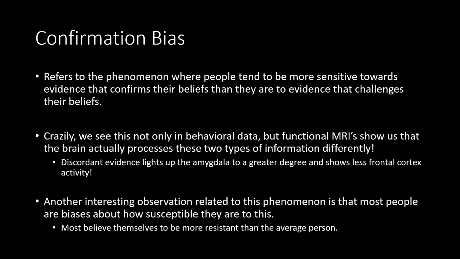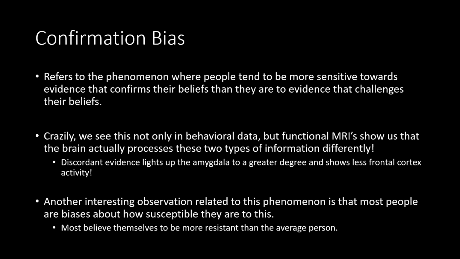Now, confirmation bias is related to this, and it refers to the phenomenon where people tend to be much more sensitive towards evidence that confirms their beliefs than they are to evidence that challenges their beliefs. You could replace the word sensitive with receptive if you wanted: people are more open to things that fit with their ideas of the world, and more resistant to things that challenge those beliefs.